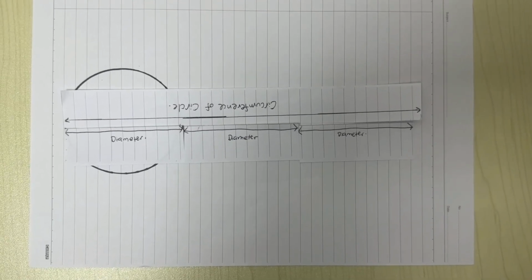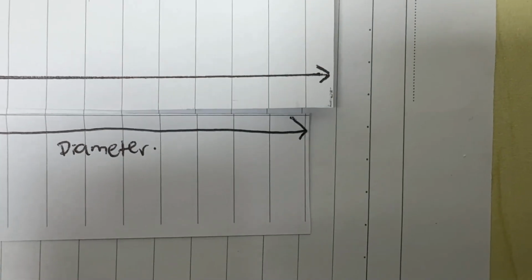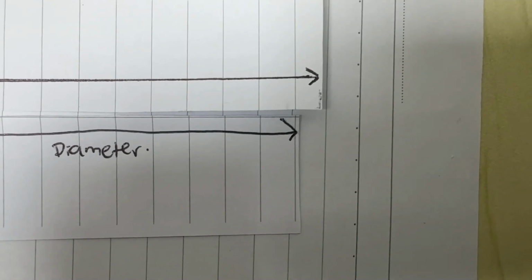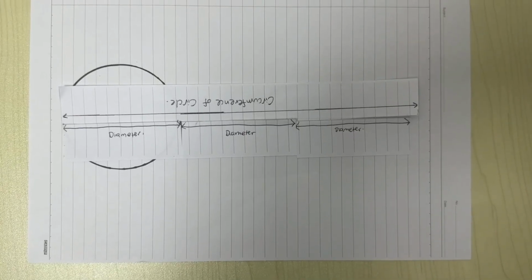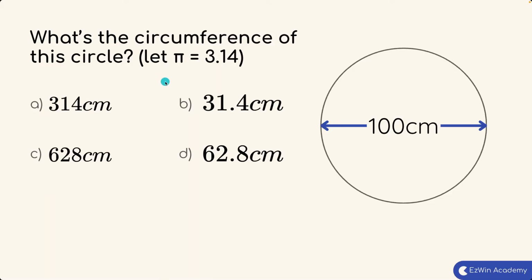So you can see that the circumference is 3 times the diameter, and we are left with a small part which is 0.14. This is proof that the circumference of a circle is 3.14 times the diameter. So now we know that 3.14 times the diameter is actually true to get our circumference or the perimeter of the circle.